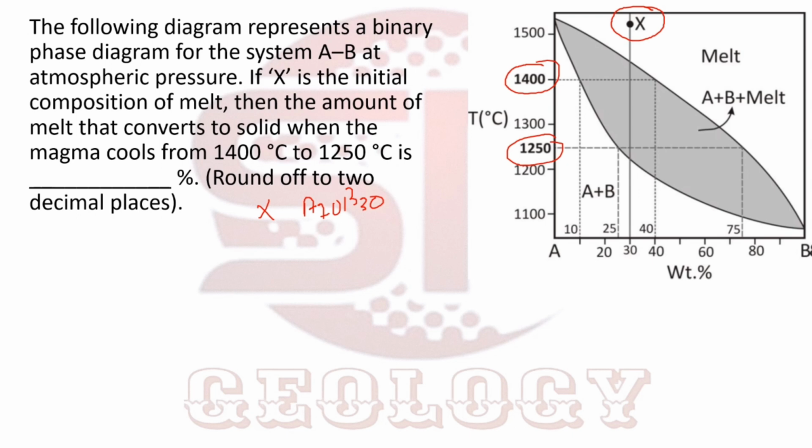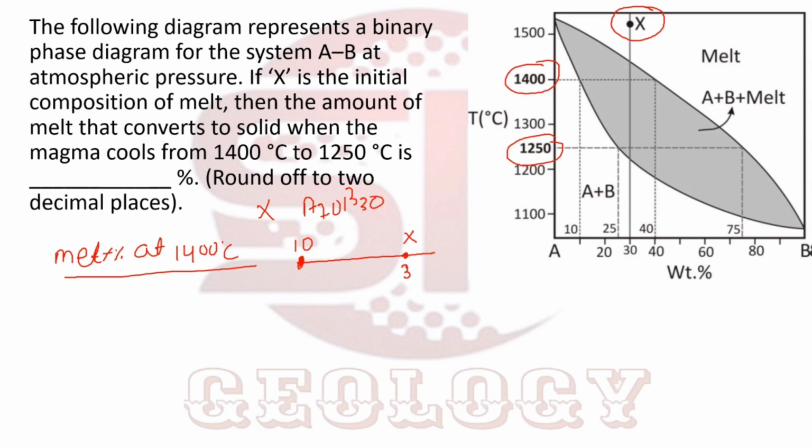So first we will calculate the melt percentage at 1400 degrees centigrade. At 1400 degrees centigrade, this will be X, and this indicates the solid composition. It is given 10.